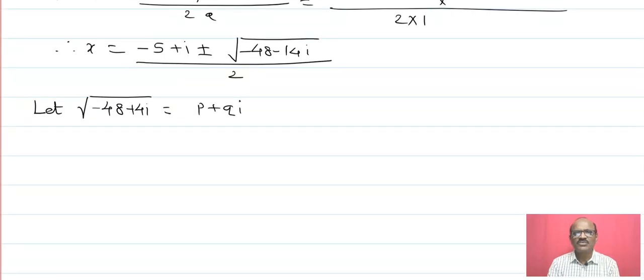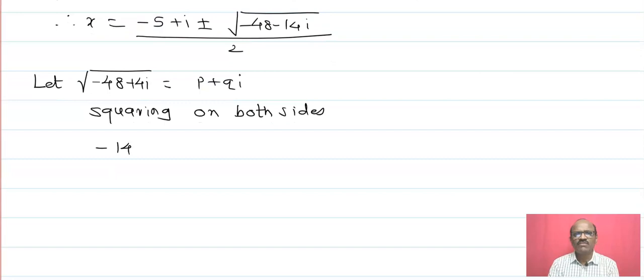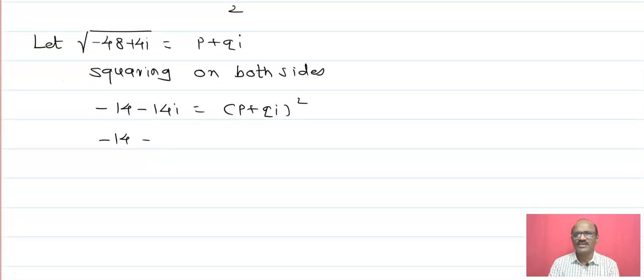First of all we will solve this, and then we will change the sign. Now we want to find the square root of minus 48 minus 14i, which is equal to p plus qi.